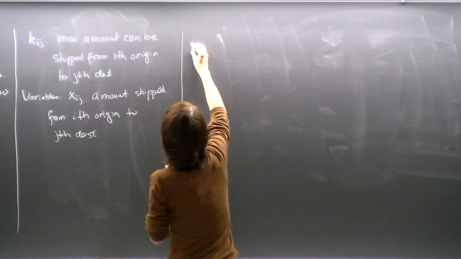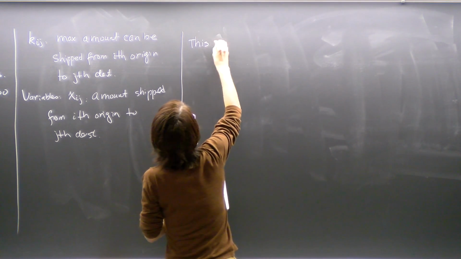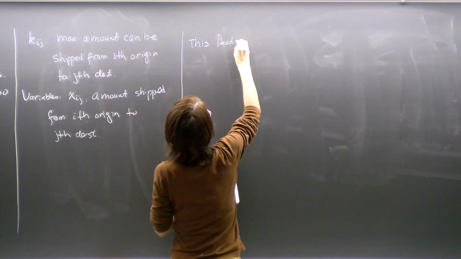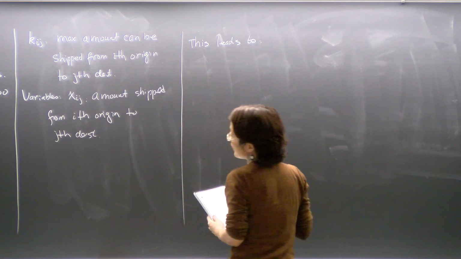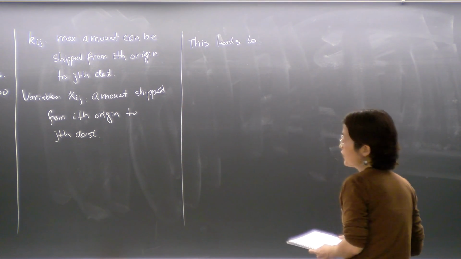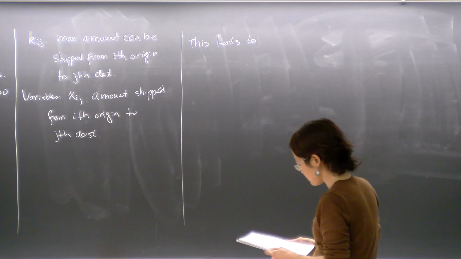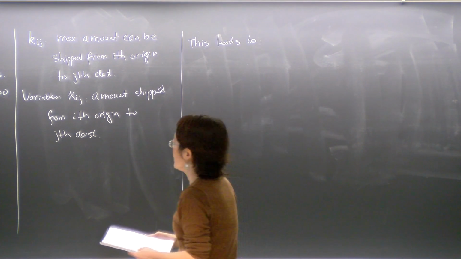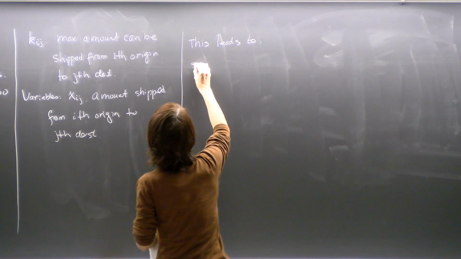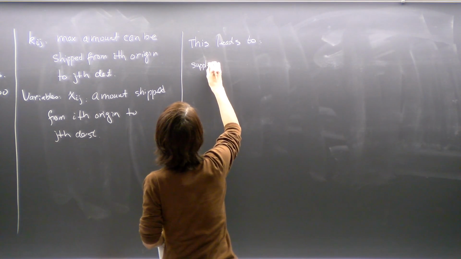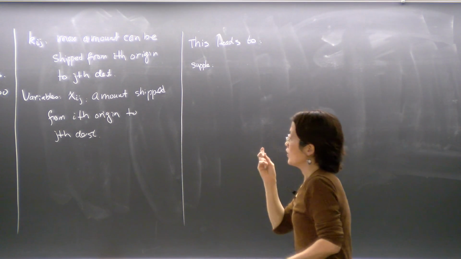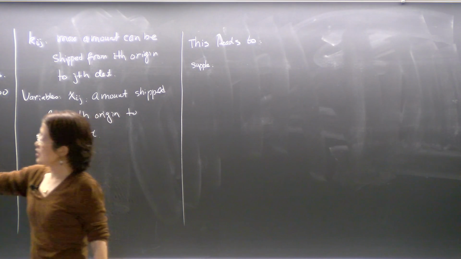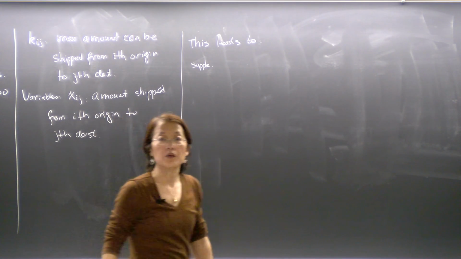Okay, so what does this lead to? What constraints do we have? We actually have a bunch of them. The first will be the supply constraint. Because from the ith origin, this is that much you can ship out, right?